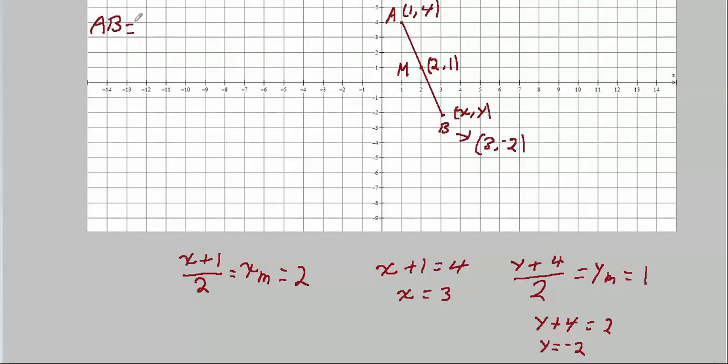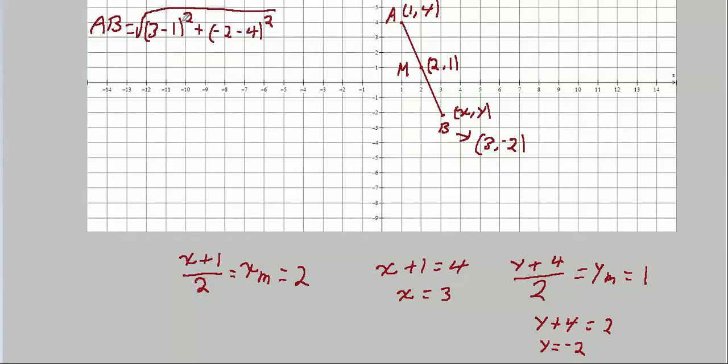Well, let's try 3 minus 1 squared plus minus 2 minus 4 squared. And we're going to take the square root of that. And what do we get?